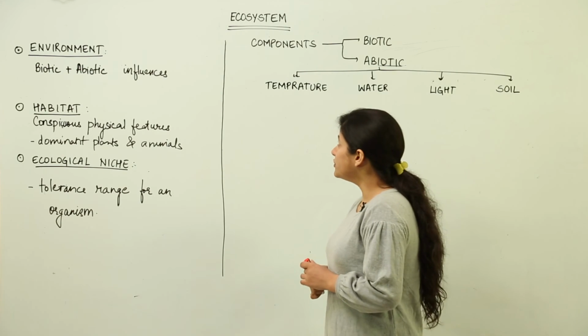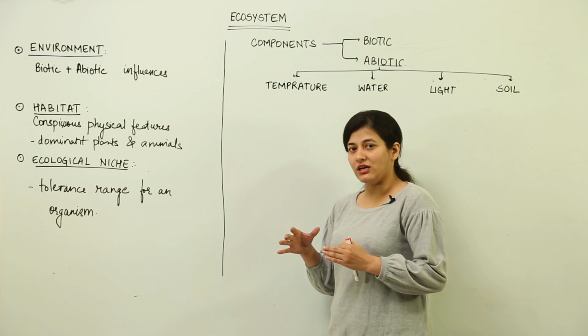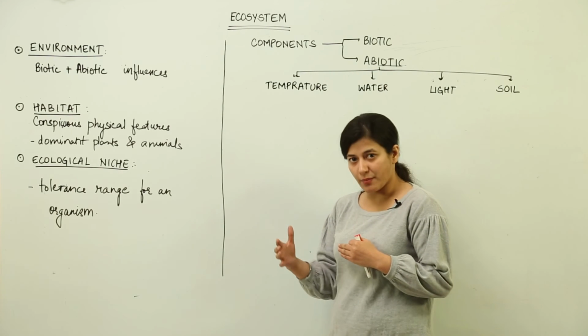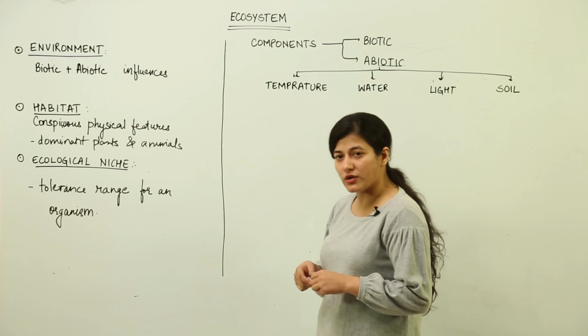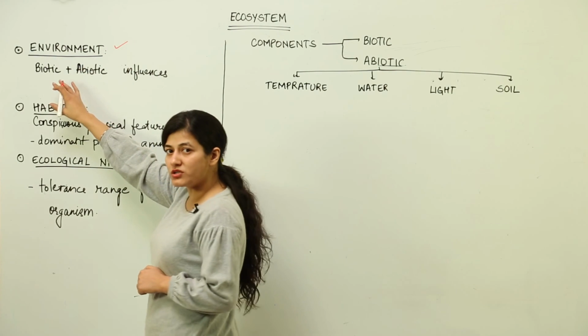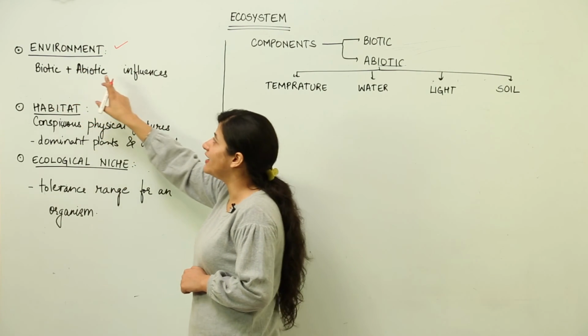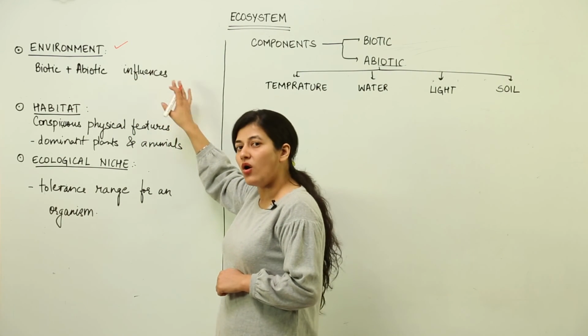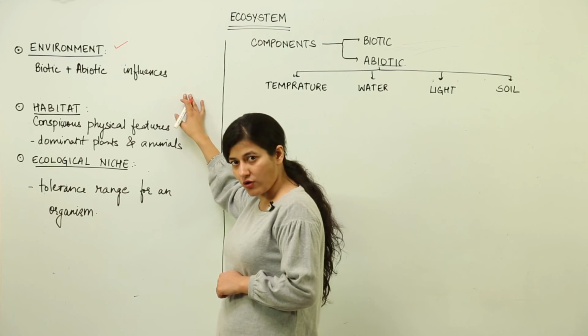So ecosystem is the study of how the biotic community is interacting with the environment basically. So we need to know what is an environment. Environment, when we talk about it, is the sum total of biotic and abiotic influences on an organism or on a population of organisms.